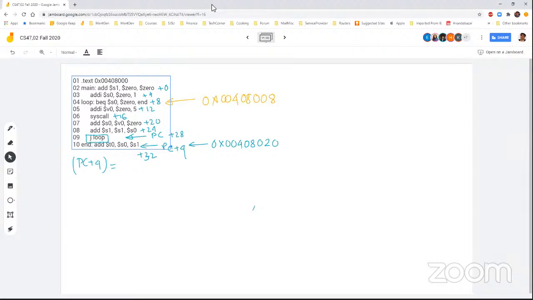PC plus 4-bit pattern would be 0000 0000 0100 0000 1000 0010 0000 on the 32 bit. 4, 8, 12, 16, 20, 24, 1, 2, 3, 4, 5, 6, 7, I missed something.